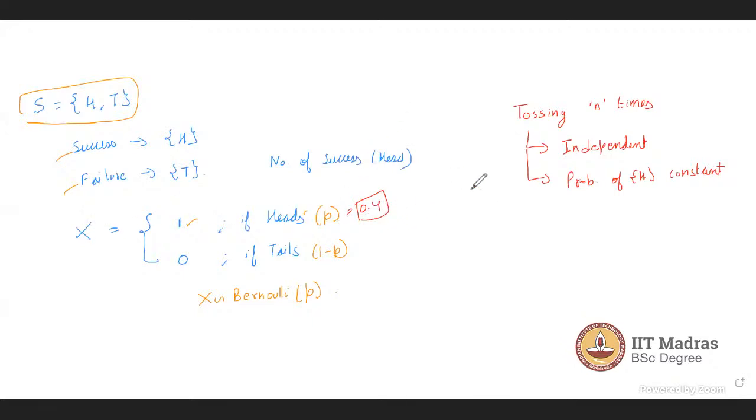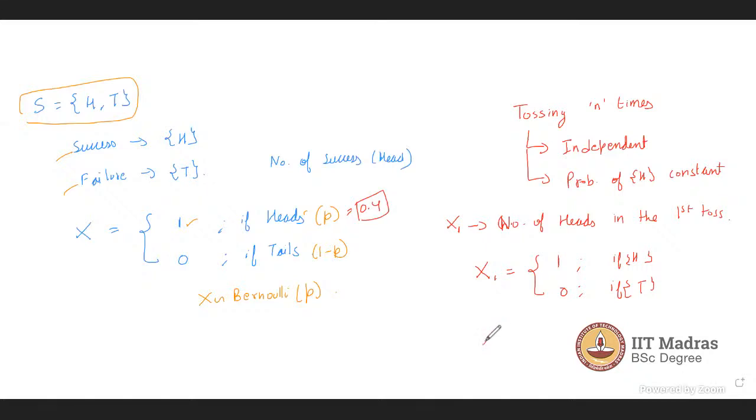Now let's say I define a random variable x1. X1 is the number of heads in the first toss, right? So it means it should get an increment of 1 if heads, 0 otherwise, or if tails.